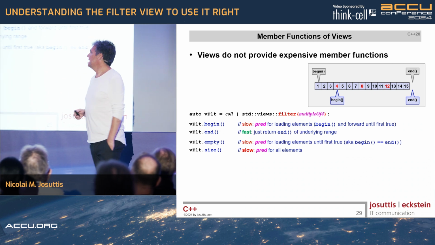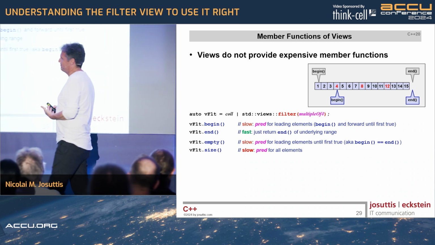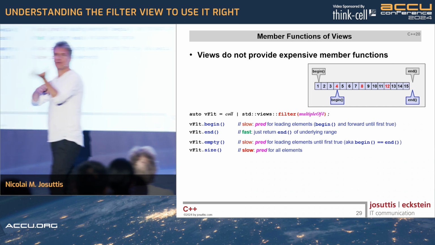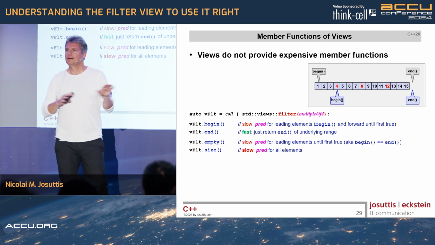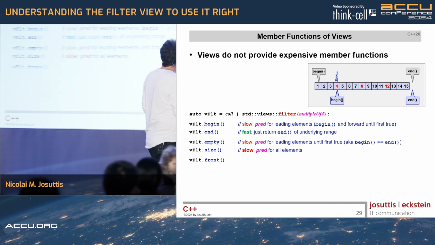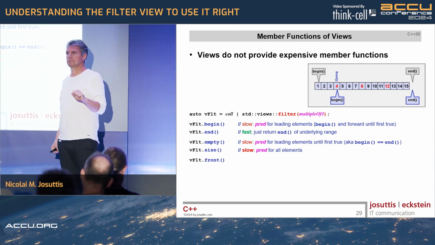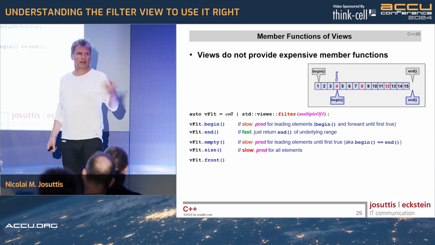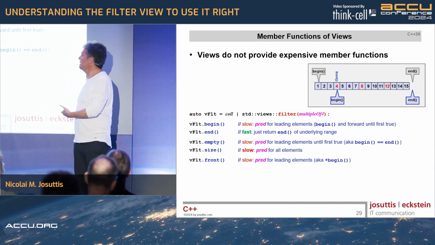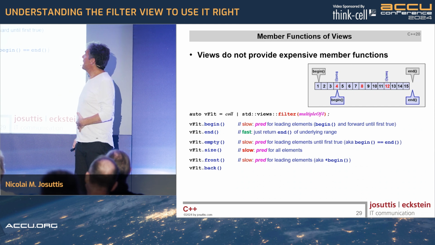Okay. It's both linear, but complexity is not always good enough to see the difference between these two performance aspects of the view. Front, give me the first element, the value of the first element. Linear, yeah, that's like begin. We just call begin and look at the value. Good, like begin. Back.